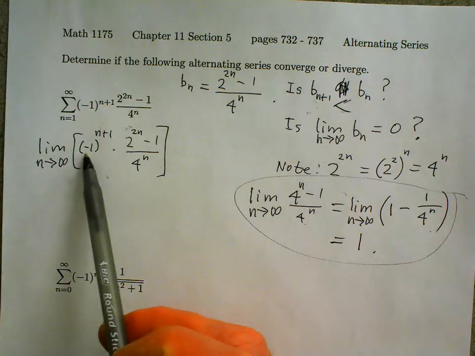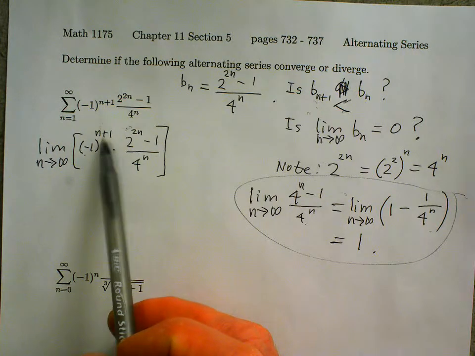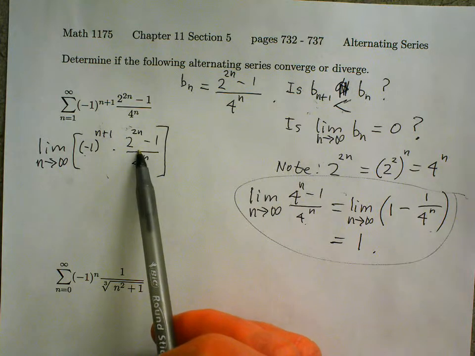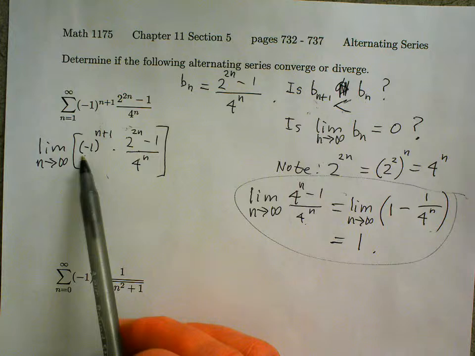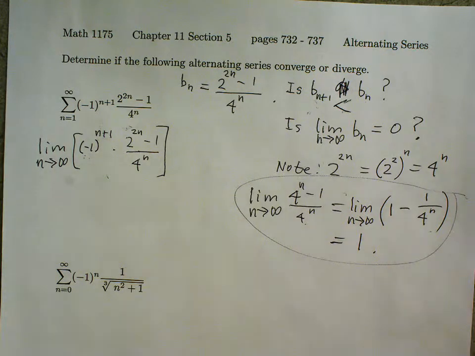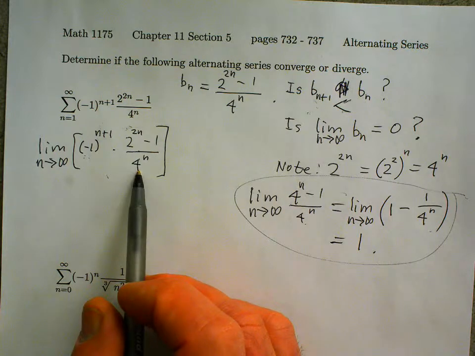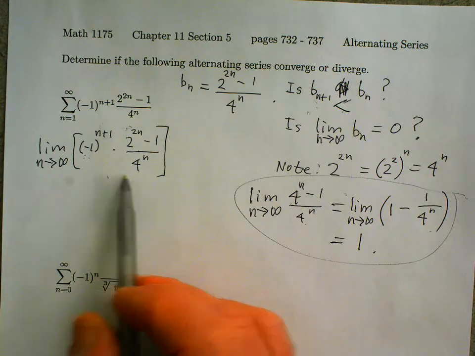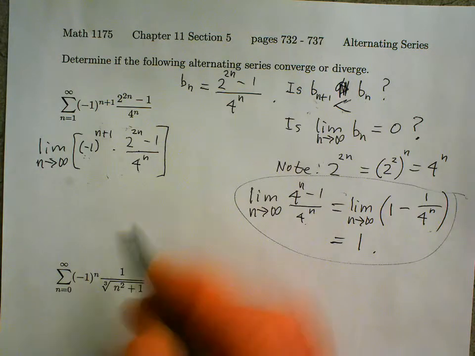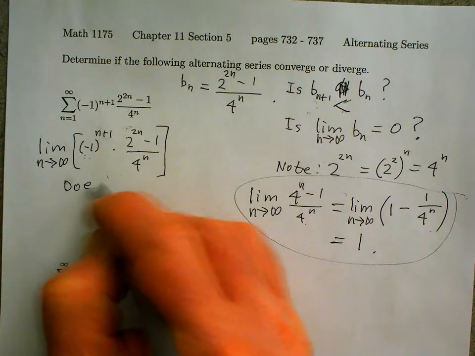Well, when negative 1 to the n plus 1 is positive, these terms get close to 1. But when negative 1 to the n plus 1 is negative, the terms get close to negative 1. So that means the limit does not exist. Half the terms approach 1 and the other half approach negative 1. Okay, it does not exist.